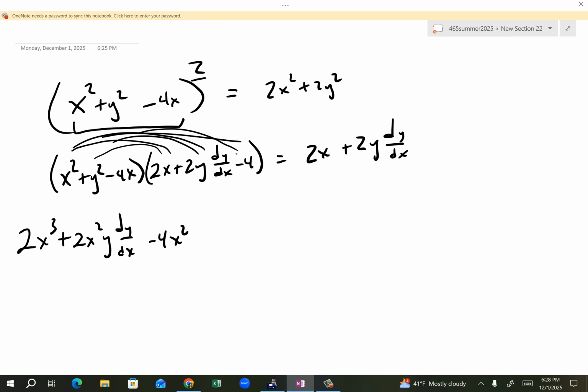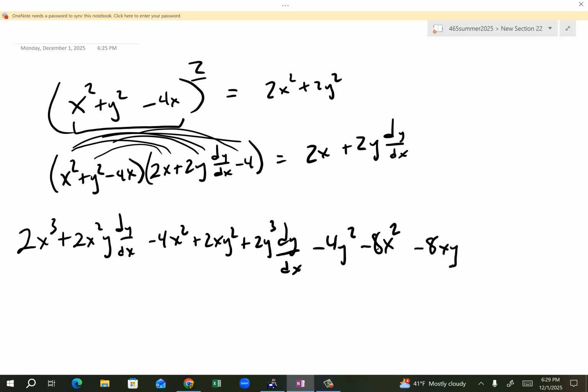And then take this, you're going to get plus 2xy squared plus 2y cubed dy/dx minus 4y squared. And then minus 8xy, minus 8x squared, sorry. Minus 8xy dy/dx plus 16x equals 2x plus 2y dy/dx.